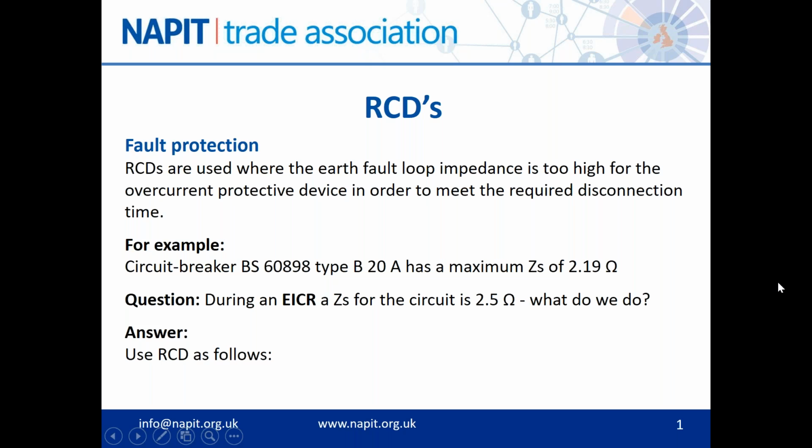So this, again, could be a factor. And if that factor exists after your exploratory work, then we would end up fitting an RCD, and as long as that is tested accordingly and maintained, it will look after the high Zs values.